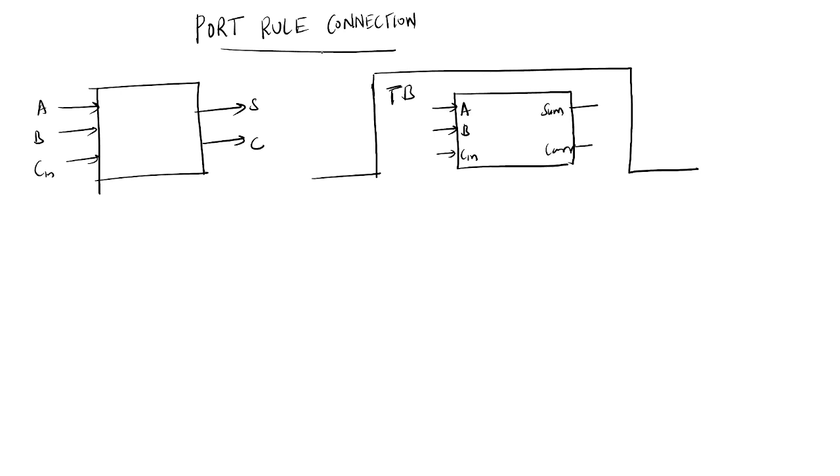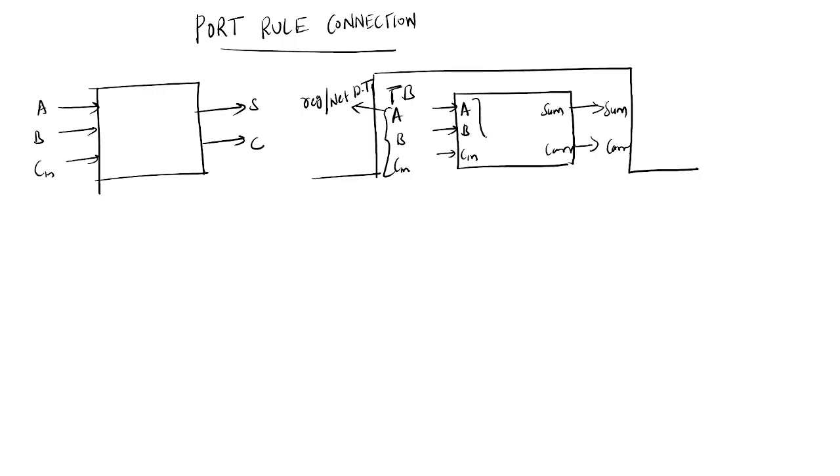That means through the test bench you are giving some variables, A, B, Cin, and here also sum and carry. So you need to follow some port rule connections. Whatever the variables related to the test bench should be reg or net data type.